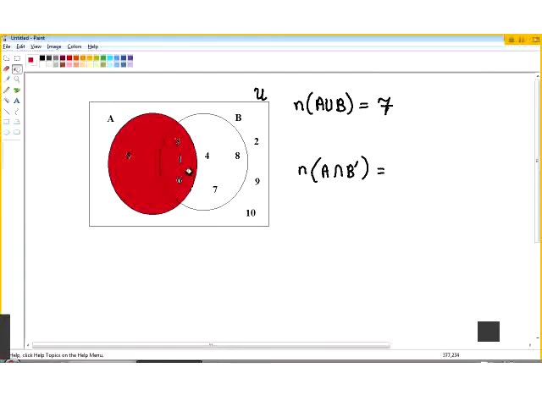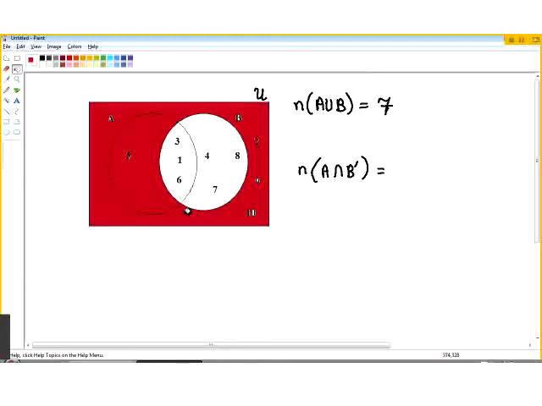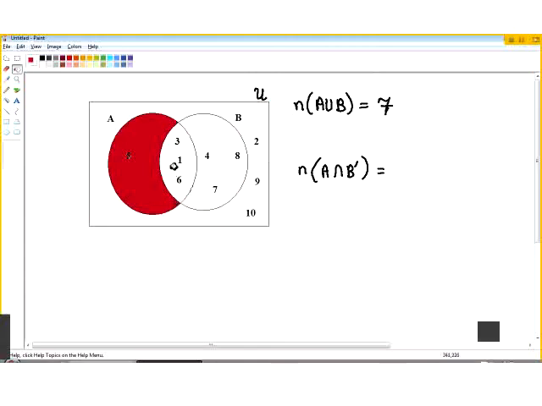And B prime is going to be these two regions in red. So when we talk about intersect, we're looking at what is common, and our answer would be this region that we indicated there. Because if we looked at A and we looked at B prime, that region was always shaded or colored red.